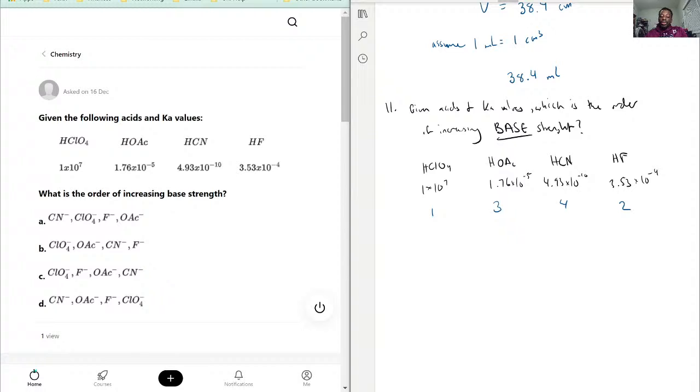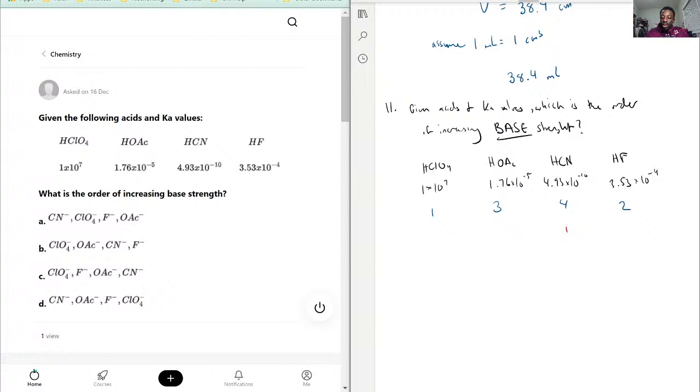We've now labeled these all by acid strength, okay? So HClO4 being the strongest acid. But now, if we're going by base strength, if you're a strong acid, you're either not a base or a very weak base. So you'd be the lowest base strength, okay? So with that being said, if we were to organize this now by the strongest base, it would be the lowest acid.